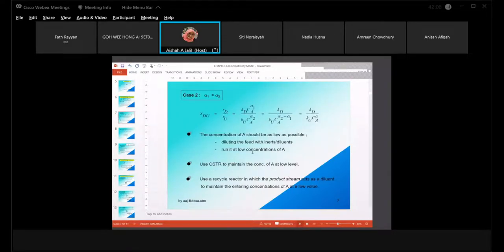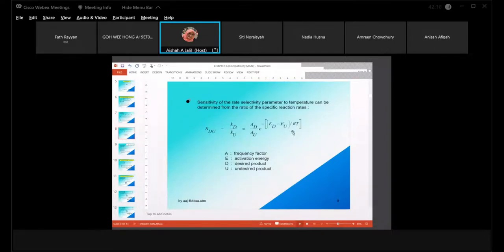This one is just controlling the concentration and the pressure, and then choosing the best reactor. And this one you can also adjust the temperature. That is how to maximize the selectivity for parallel reactions for one reactant.